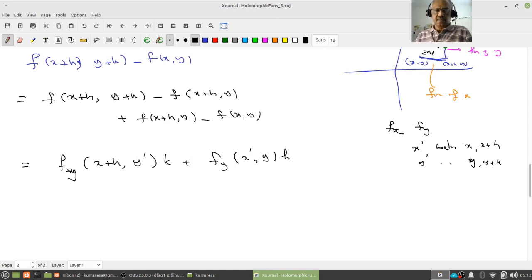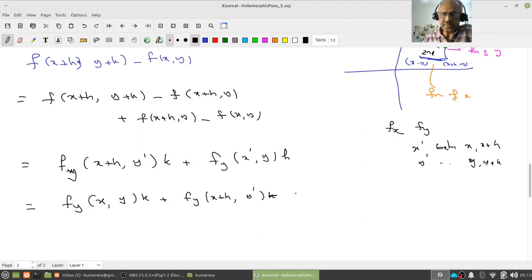But what did our theorem say? Exactly as in the one variable case, I would like to write it as fy at x, y, into k. Therefore this will be fy at x plus h, y dash, into k, minus fy at x, y, times k, so k comes out.